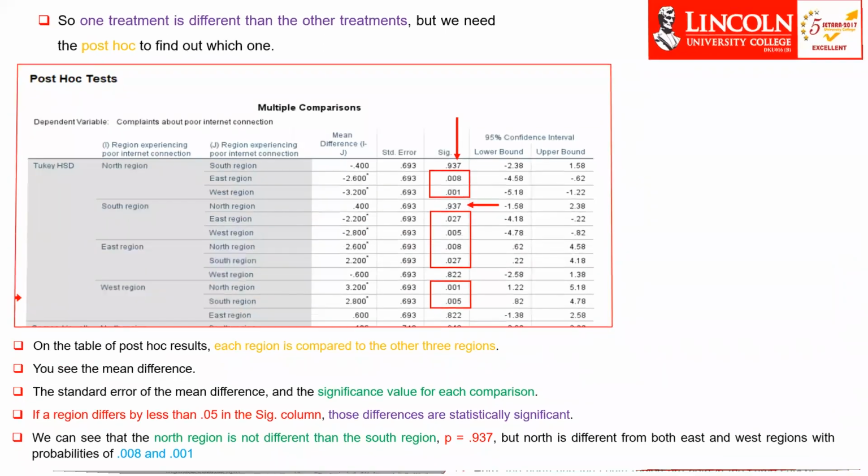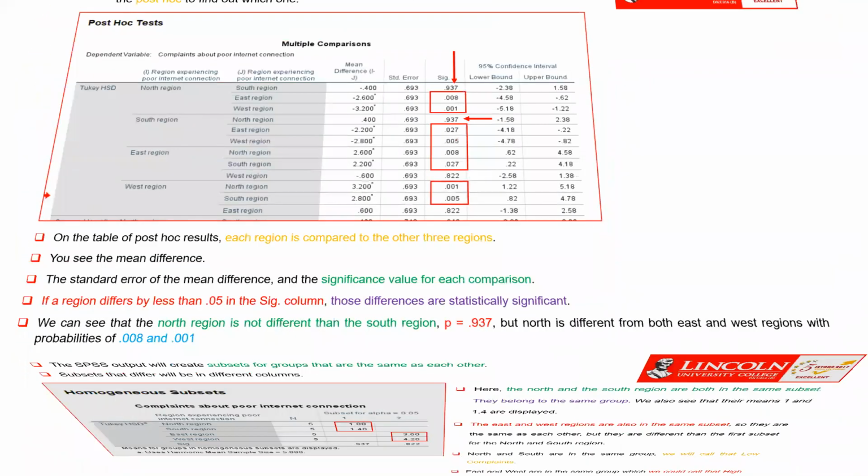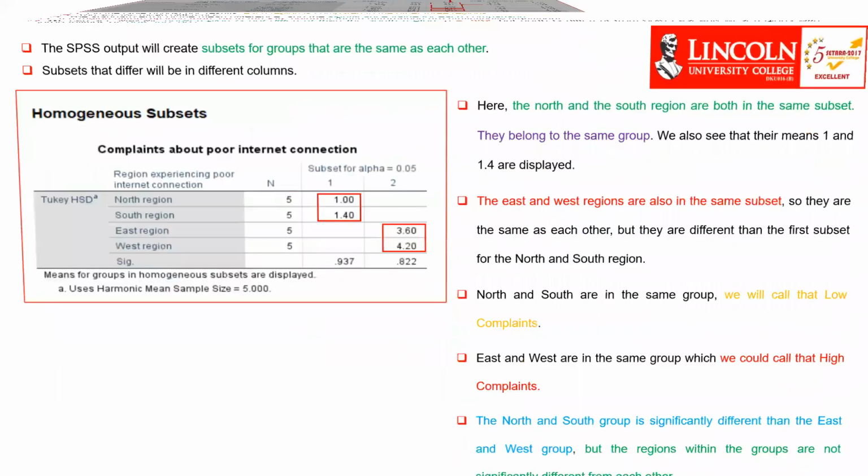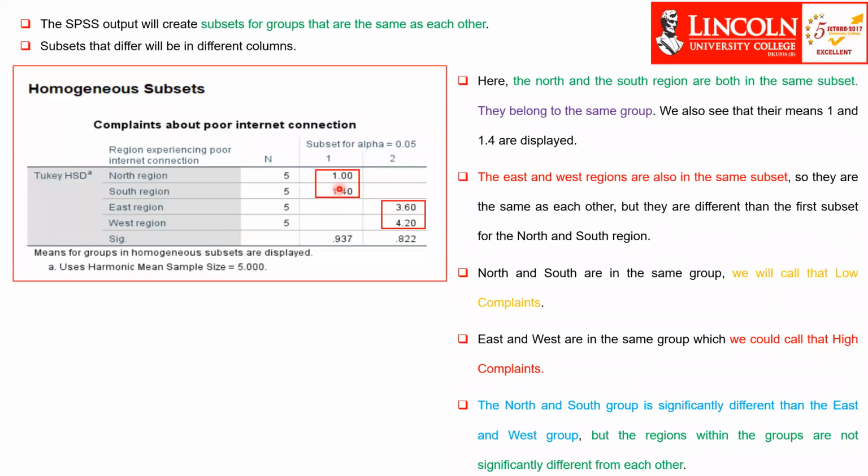So in any case, this will be grouped into two subsets. The East and West are in the same subset, like what you have here. They are the same as each other, but they are different from the first subset of the North and South regions. So North and South are in the same group.